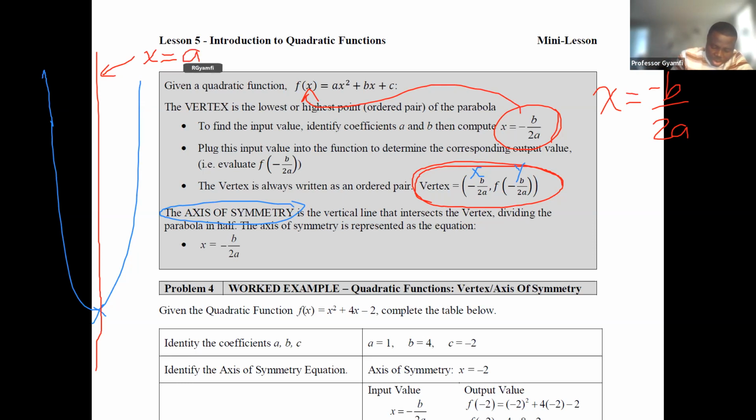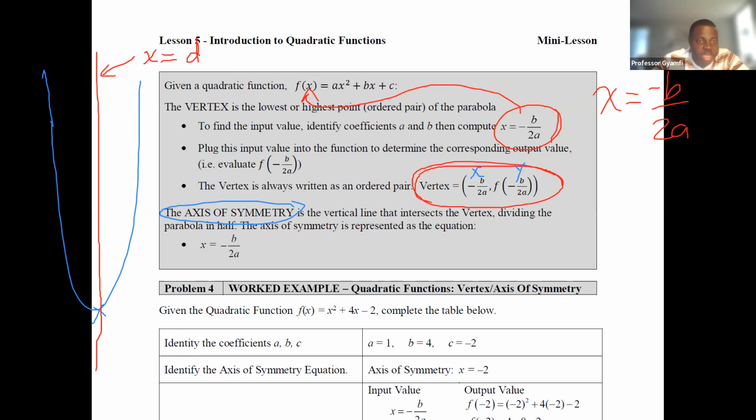I'm not going to use a because we are using a for the coefficient, so let's say x equals d. It's always going to be x equals something because vertical lines always have an equation, x equals a constant, right?